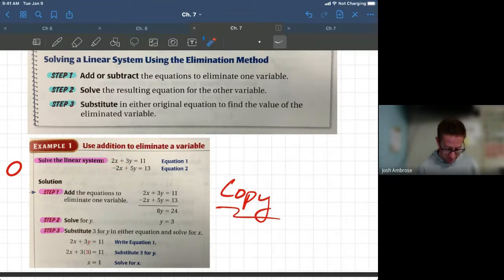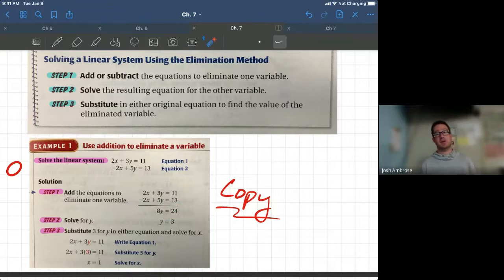So step 1, we will be using 2x and negative 2x to eliminate each other. 2x minus 2x, these guys will cross each other out. Then you have a 3y plus a 5y that will equal 8y. Then you're going to have 11 plus 13, giving you 24.